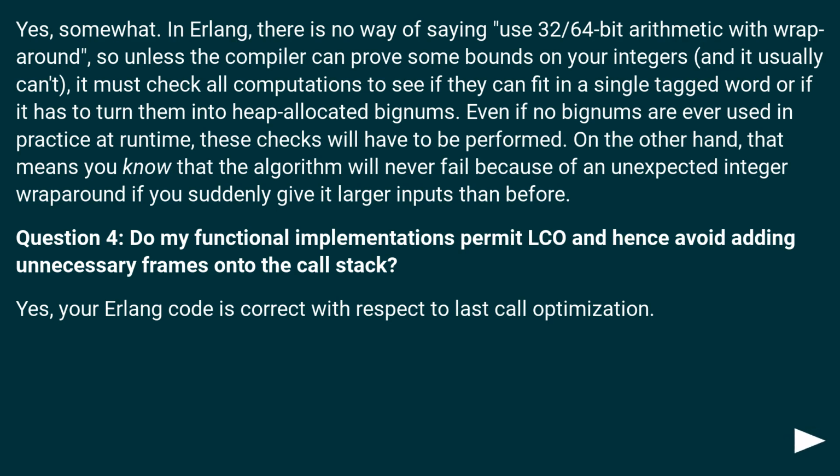In Erlang, there is no way of saying "use 32/64 bit arithmetic with wraparound", so unless the compiler can prove some bounds on your integers, and it usually can't, it must check all computations to see if they can fit in a single tagged word or if it has to turn them into heap-allocated bignums. Even if no bignums are ever used in practice at runtime, these checks will have to be performed. On the other hand, that means you know that the algorithm will never fail because of an unexpected integer wraparound if you suddenly give it larger inputs than before.